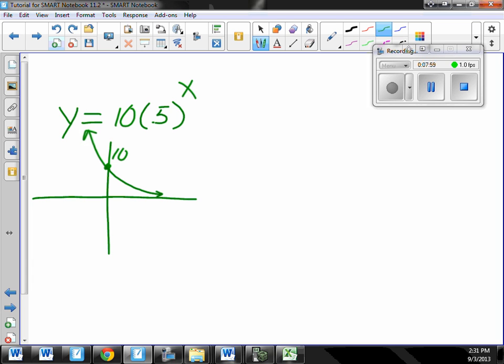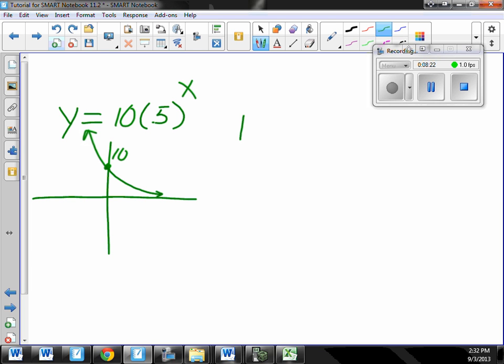No, but it's getting closer to 0, right? Well, we can do something called a limit, and we can actually capture that 0. If we tried to lengthen our graph out long enough, how far would I have to go before I actually hit the 0? I'd never get there. Okay? But mathematically, there is a way to capture that 0.